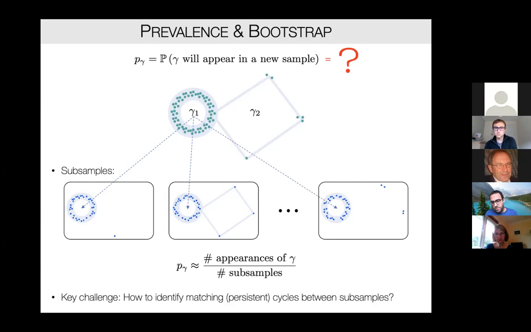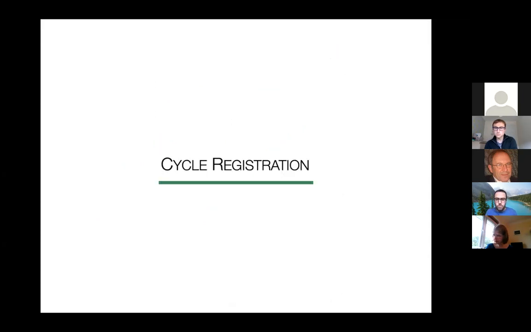And what I'm going to show you next, and what we call cycle registration, is sort of a generic way that we try to address this problem, moving away for a while from this bootstrap. So the bootstrap, you can think of it as a motivating example. But now I want to address this problem in a more generic way.